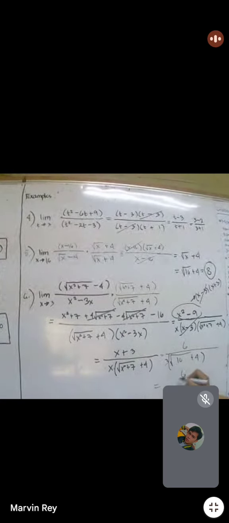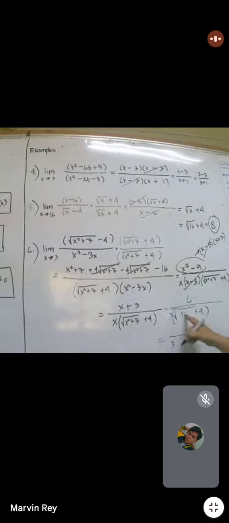Then you have 6 all over 3 times 8, which is 24. So 6 over 24 is just equal to, can it be reduced? Divide by 6: 1 over 4. So the answer is 1/4.